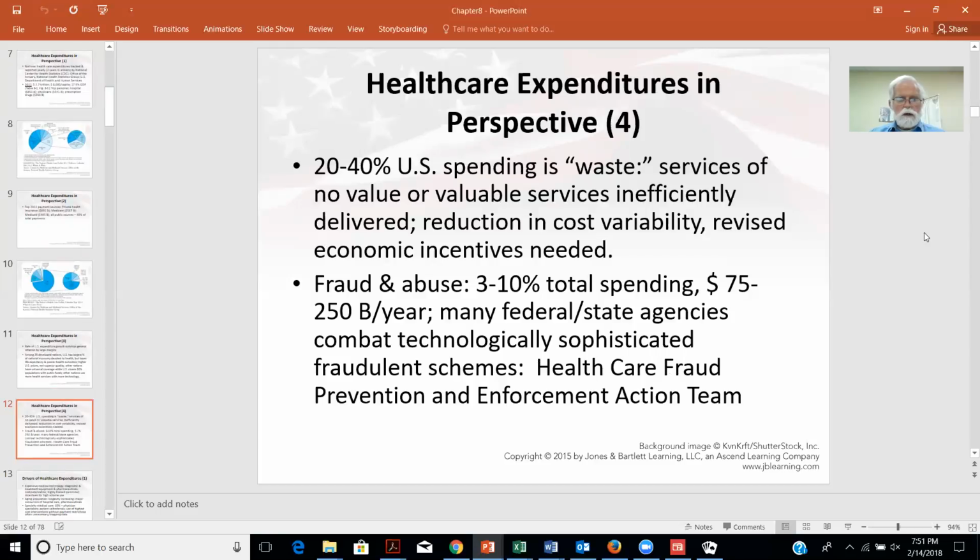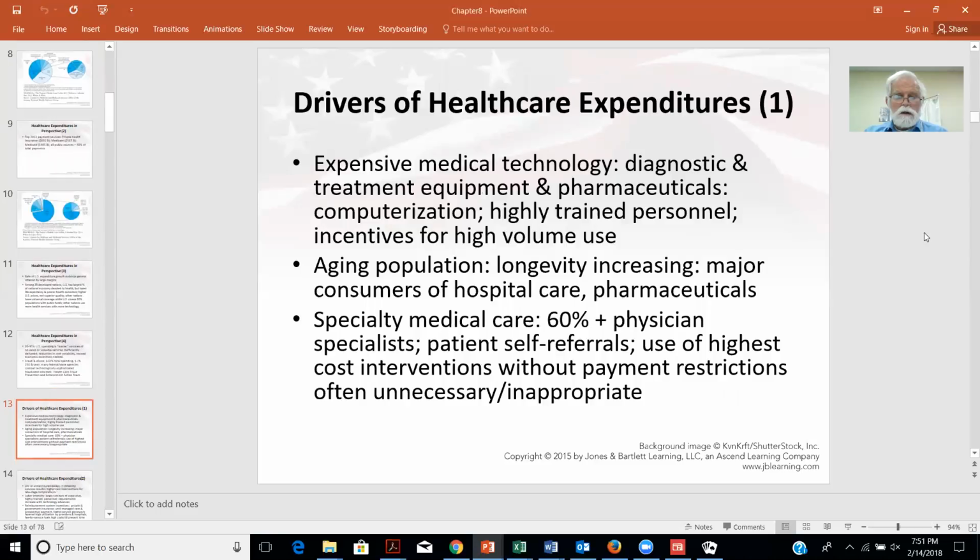Fraud and abuse are huge, 3 to 10% of the total spending. And we say 3 to 10% for the simple reason that much of it goes undiscovered. But when we do really investigate, we find that it's actually quite extensive. Specialty care is a lot of it. 60 or more % of the physicians are specialists as opposed to generalists.